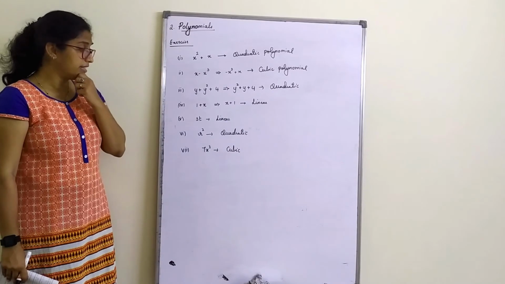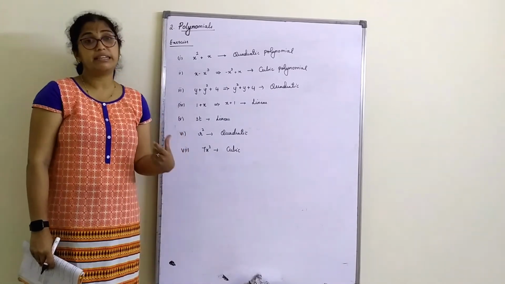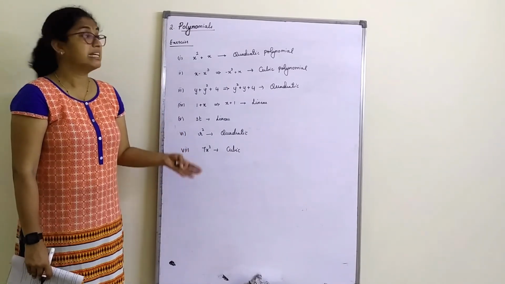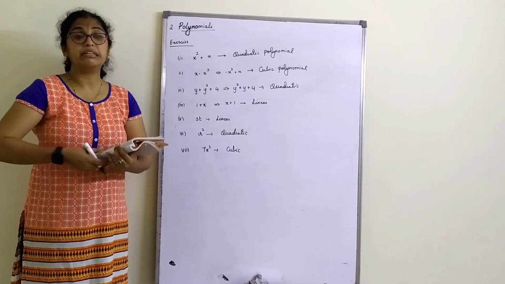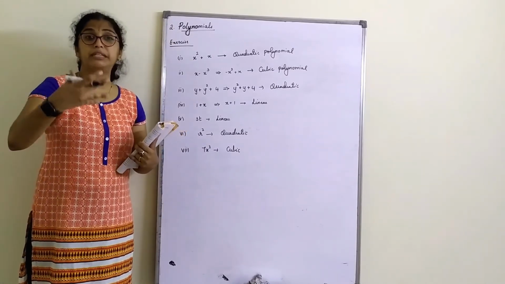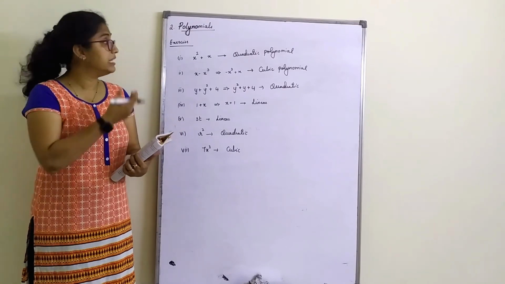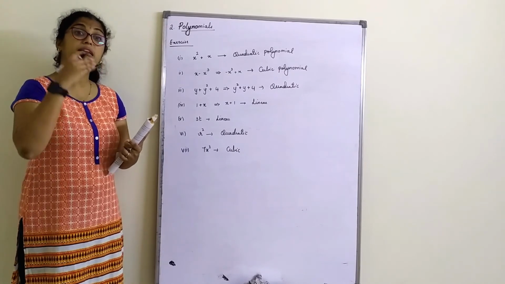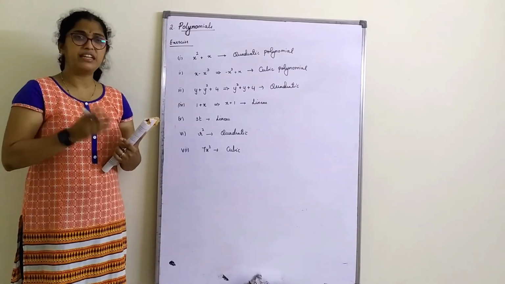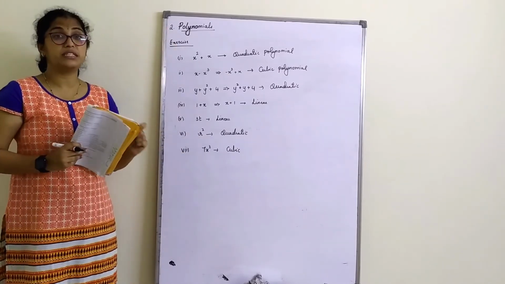If you can understand the introduction I gave of the chapter on polynomials, that is what we completed in this exercise. What is a polynomial, what about the exponents in one variable, how we term it as quadratic, cubic and linear, or the degree, coefficient, everything we understood in the first exercise.